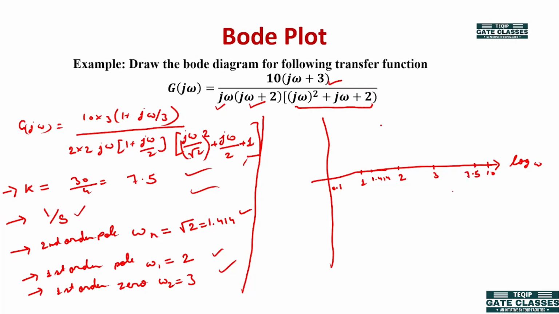Okay, so first we draw the initial slope, which would be 20 dB per decade because of this pole at origin, and this is the single pole, so it will cut the 0 dB line. This is the 0 dB line at 7.5. Okay, so we draw a dotted line of slope 20 dB per decade.